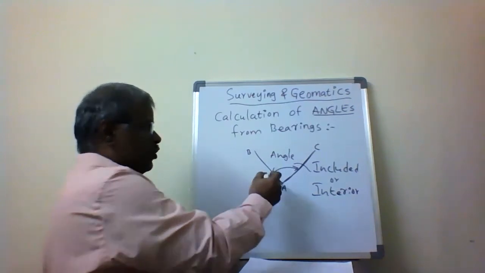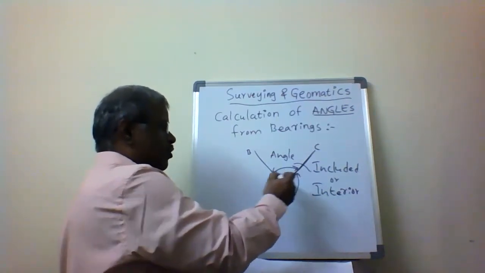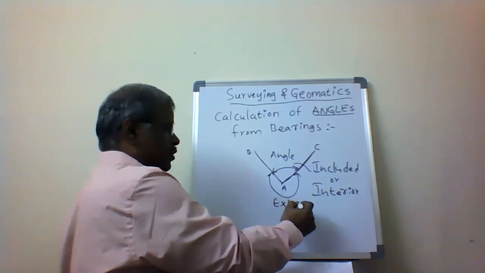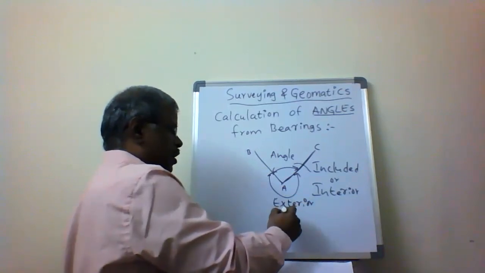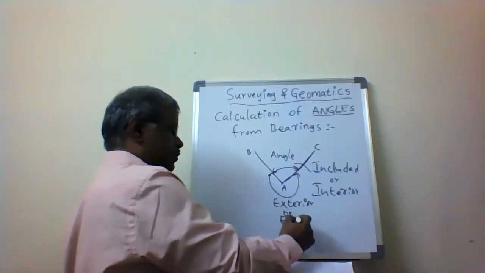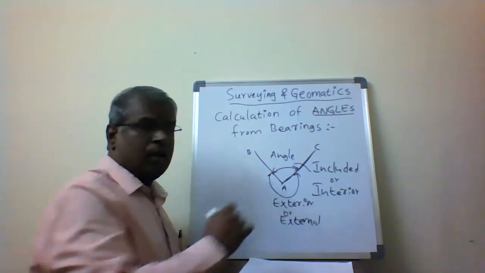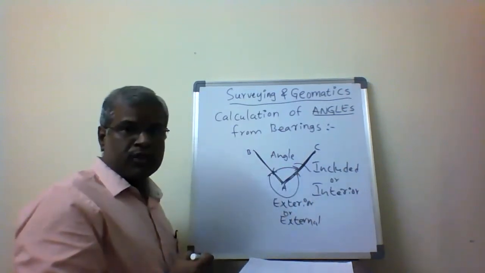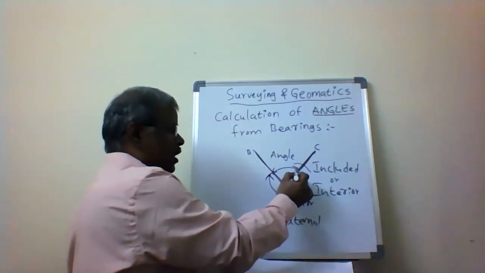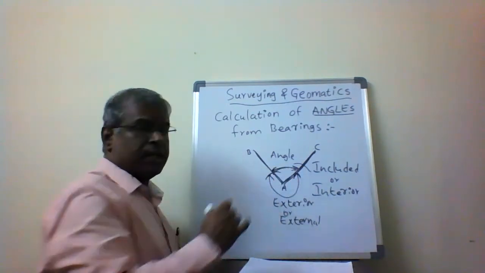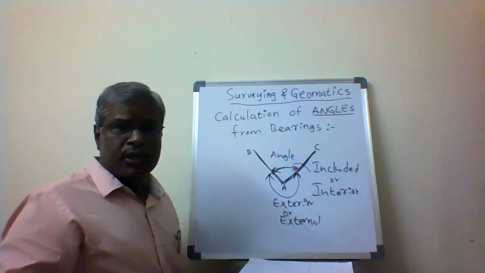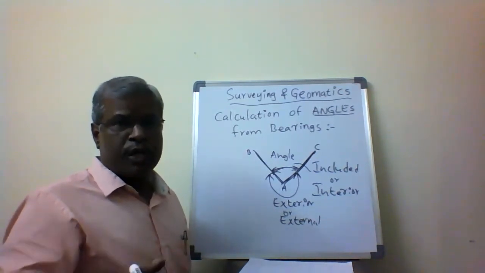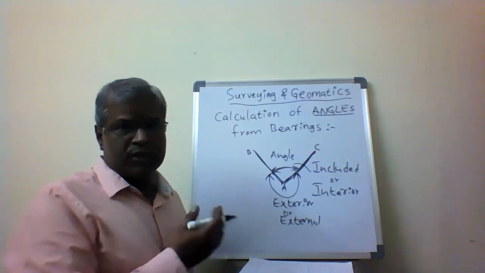If the angle is measured from outside, then it is called the exterior or external angle. So outside of the direction of a traverse, this is the exterior angle and this is the included angle. The forward bearing is in the progressive direction, and the backward bearing is the reverse direction of a line.